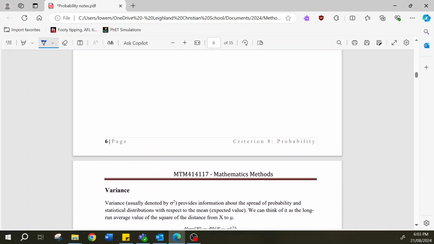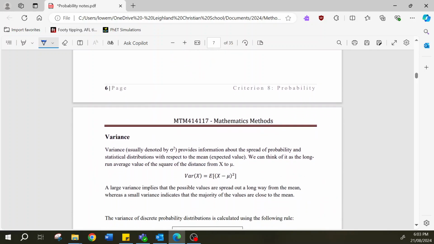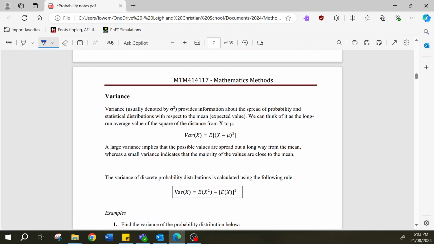Okay, so we're also going to look now at variance. Variance and standard deviation are related, and they basically are measures of how spread a distribution is with respect to the mean, or the expected value.